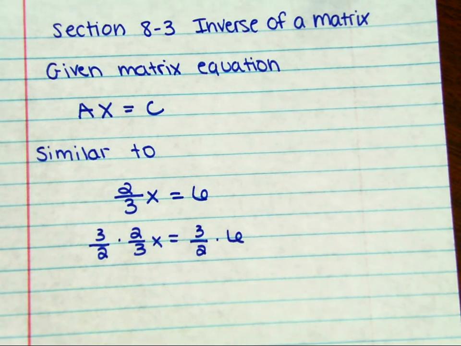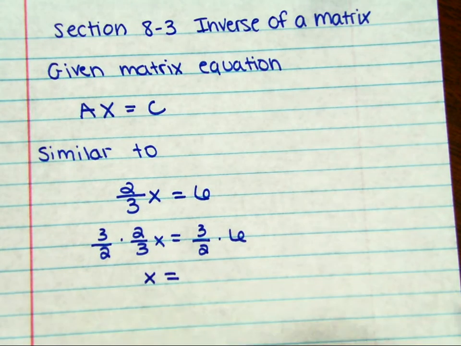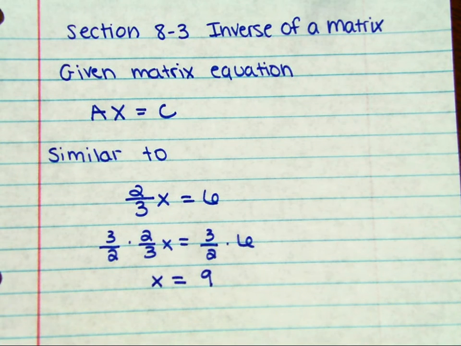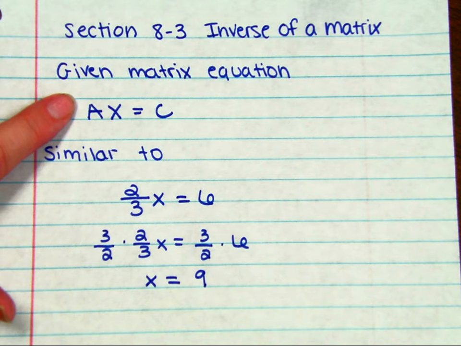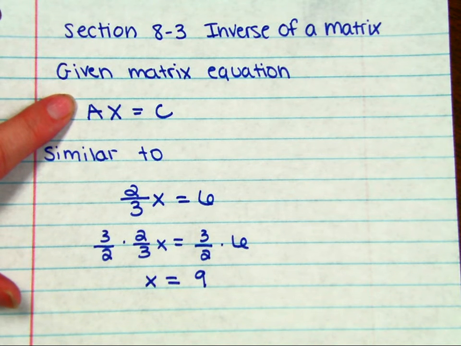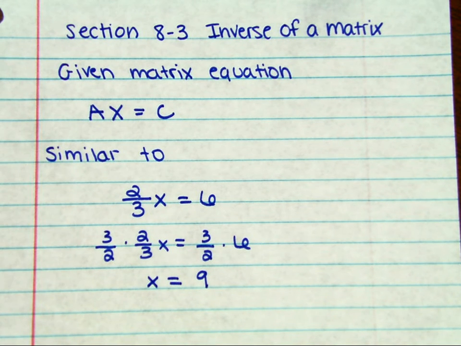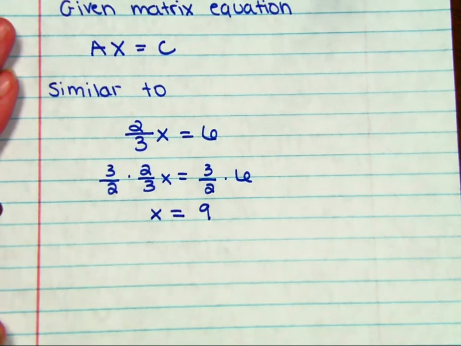Which would allow me to solve for x, and get 9. In order to solve back up here to our matrix equation, AX equals C, we are going to keep the idea of a reciprocal in mind, except when we talk about this in terms of matrices, it would be known as the inverse of a matrix.